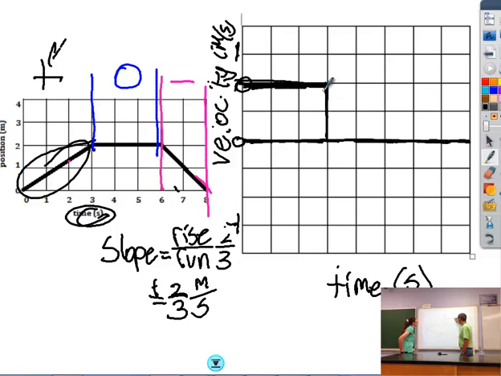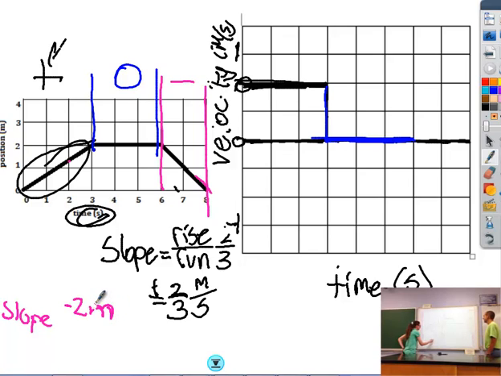Right. And then this next section, we weren't moving, so my velocity is 0 for those next 3 seconds. Okay, and then our last one, the magenta, my slope being rise over run, I rose -2 meters because I fell, right?